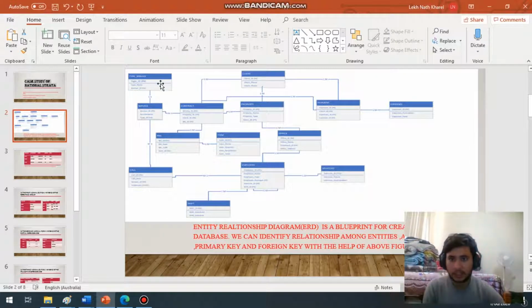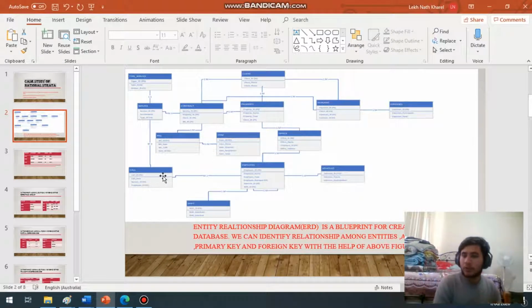As you can see here, we have listed the entity titles, denoted by the blue color and written in uppercase, and the primary key for each entity table is separated by an underline. Similarly, the foreign keys are also listed in the entity table, and the table clearly shows the relationship between one entity and another, and one attribute and another attribute.